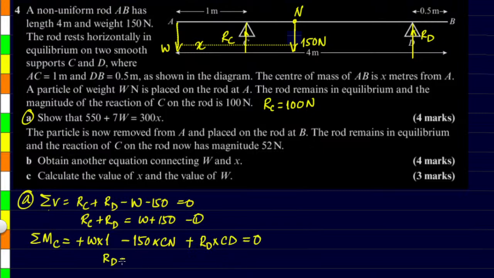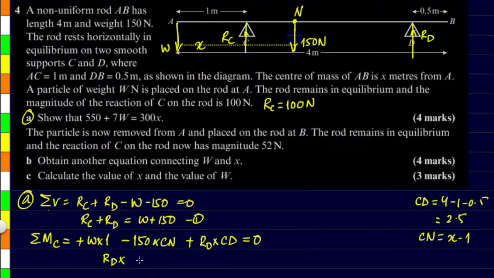So RD into CD, what is CD? CD length is 4 minus 1 minus 0.5. 4 minus 1.5 is 2.5. So CD value is 2.5. CN value is x minus 1.